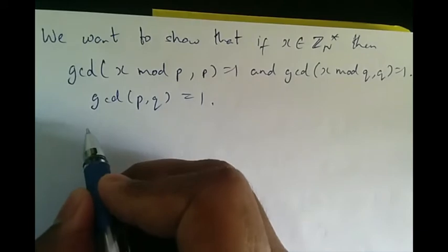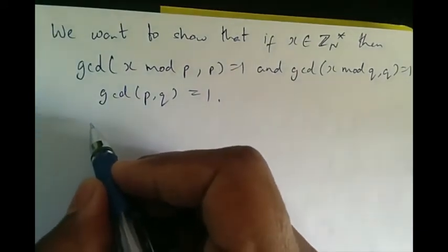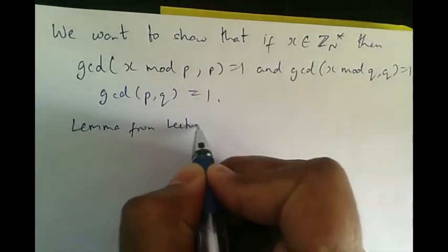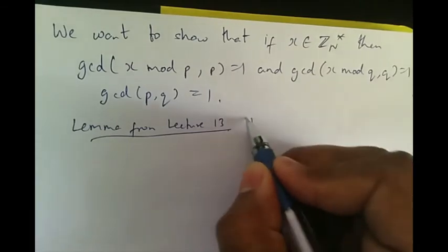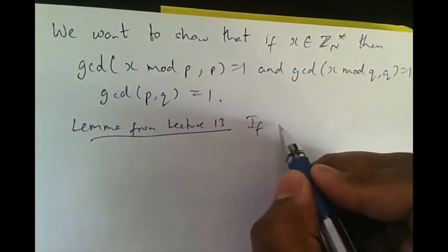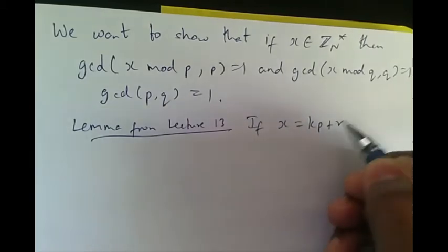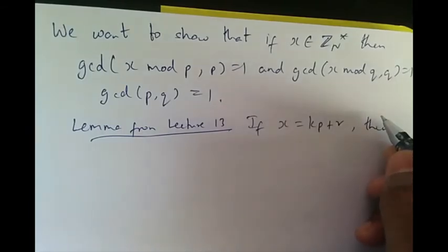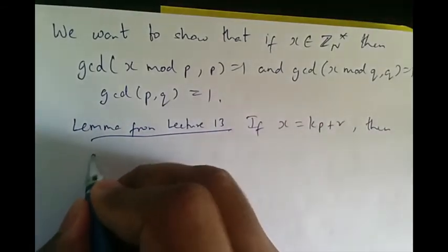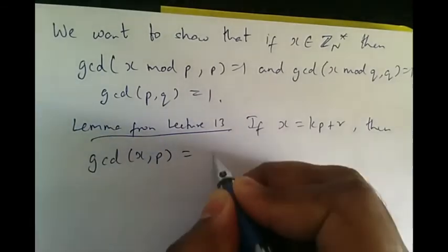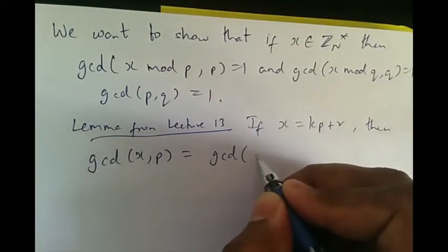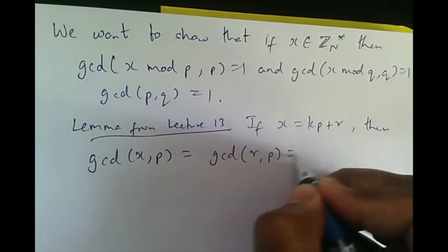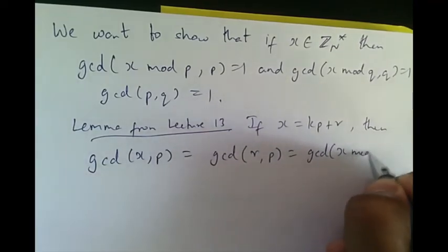There was a lemma which we proved, I think, in lecture 13, which said that if x is equal to kp plus r, where all these are integers, then the GCD of x and p equals the GCD of r and p, in other words the GCD of x mod p and p.